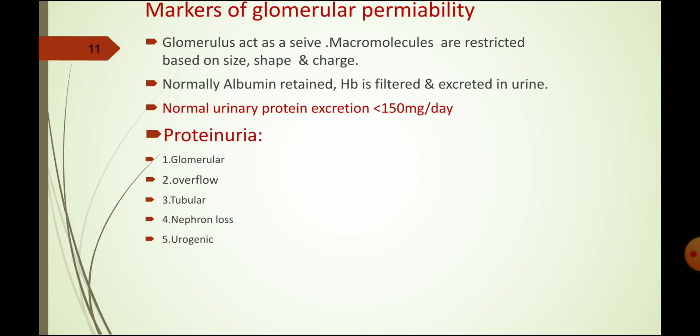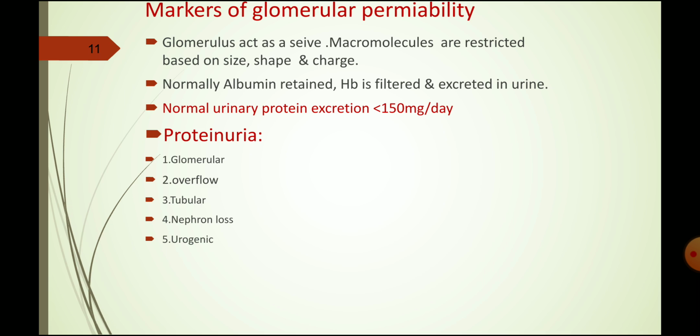Then we are passing on to the markers of glomerular permeability. Glomerulus acts as a sieve, and macromolecules are restricted on the basis of size, shape and charge. Usually macromolecules are not allowed to filter through the glomerulus. But in some disorders where the glomerular permeability is altered by injury or other conditions, albumin and RBCs will be excreted through urine.